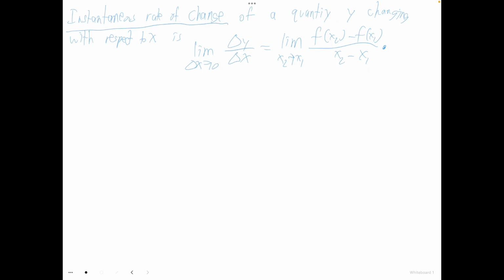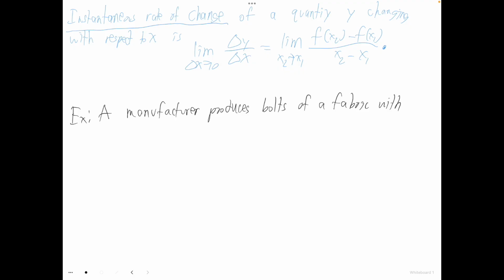And so to give a word example of this situation, we've seen already slopes of lines as well as velocities, but we're going to look at an economics example. Suppose a manufacturer produces bolts of a fabric with a fixed width.